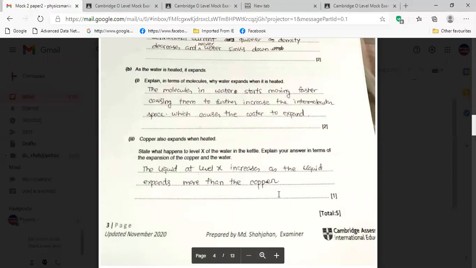So here we got: molecules move faster, molecules push each other far. Okay, this one we can accept what you wrote.